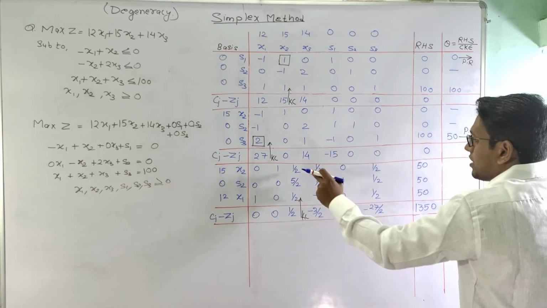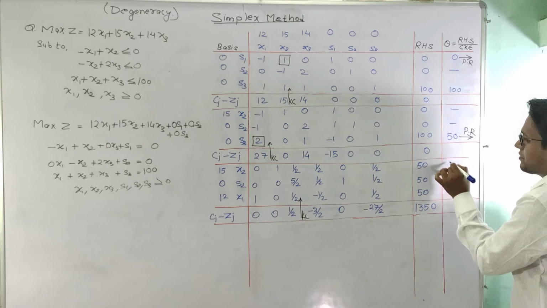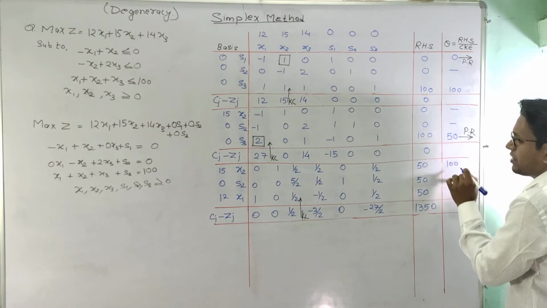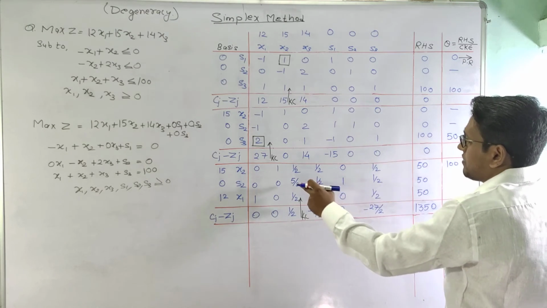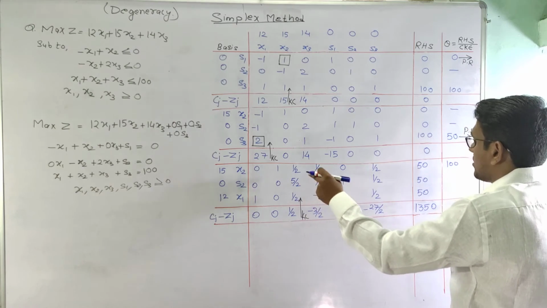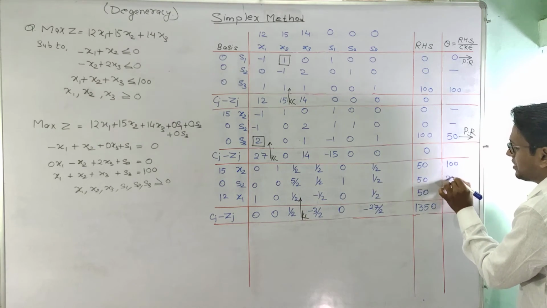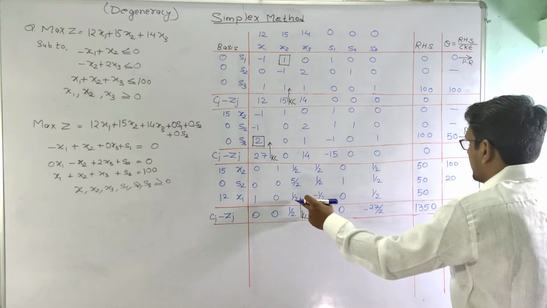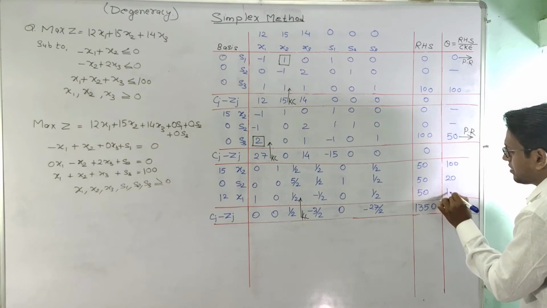So 50 into 1 by 2 is 50 into 2, that is 100. Similarly 50 divided by 5 by 2, that means 100 by 5, that means 20. This will be 15 divided by 1 by 2, that means 100.